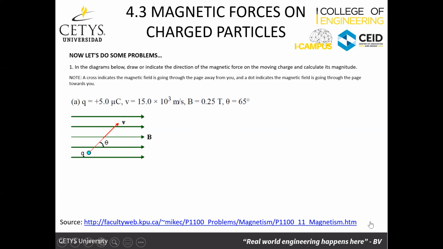So where is my thumb pointing? Towards the board. That means the force is going inside. The particle is trying to go inside. The force is pushing it into the board in this case.